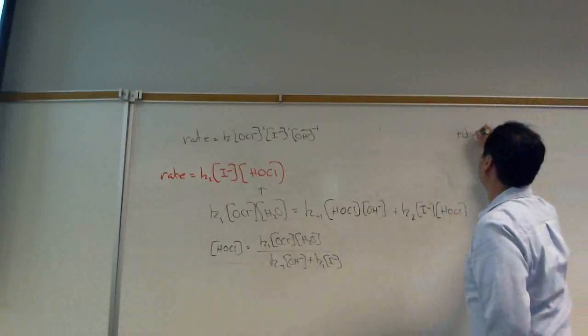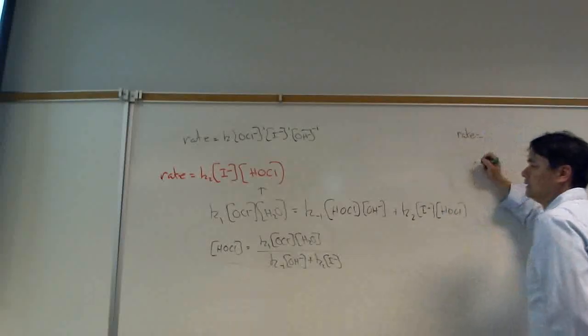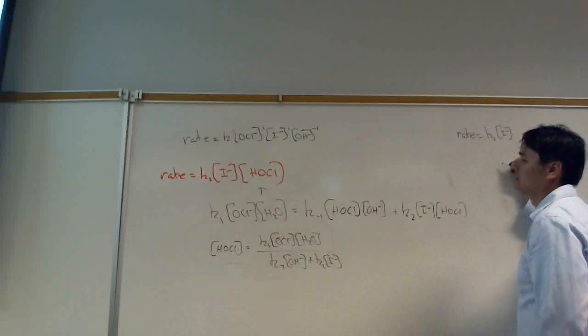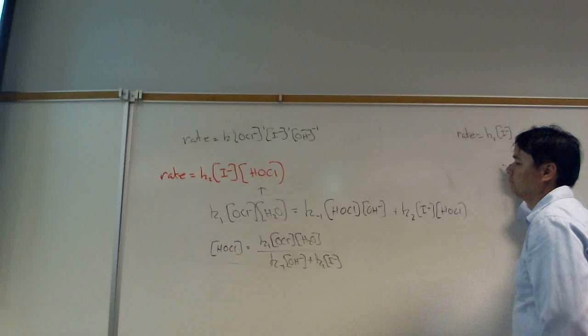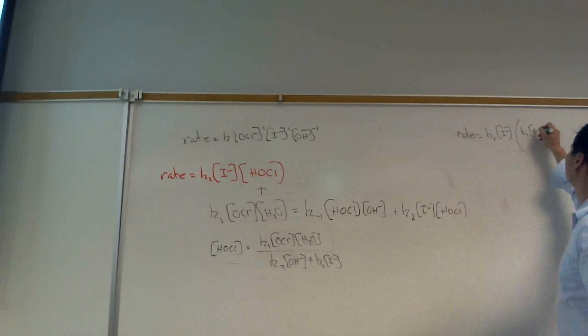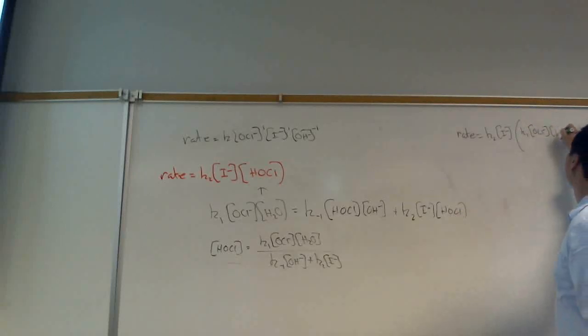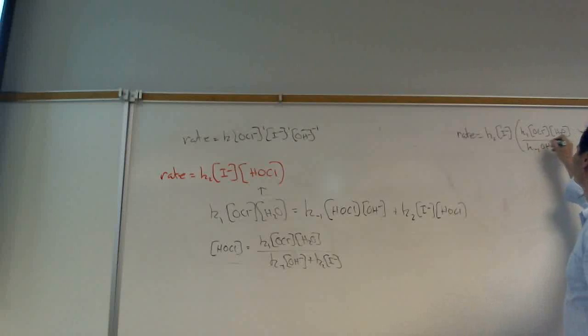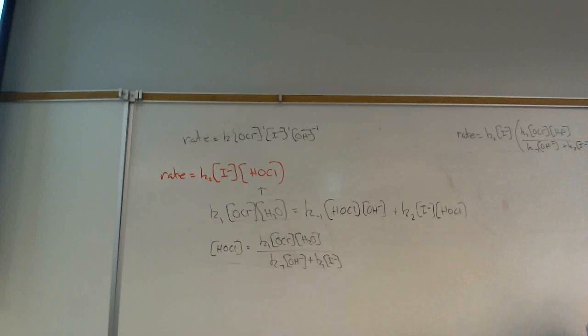And so we get that the rate is equal to K2 times the iodide concentration times K1 times the OCl minus concentration times the H2O concentration divided by K minus 1 times the hydroxide concentration plus K2 times the iodide concentration.